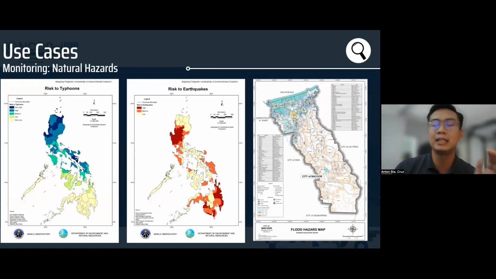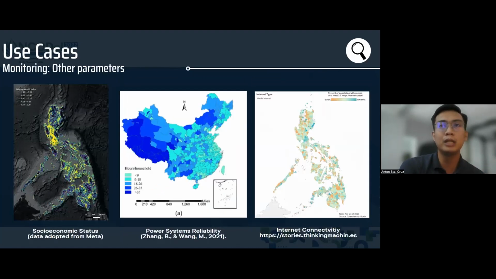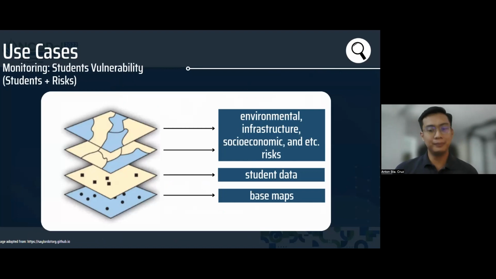Here we can see the risks to typhoons, other geotechnical and hydrological factors. And we're not limited to environmental risks. We can also map different parameters like socioeconomic status, the reliability of power system infrastructure, and internet connectivity.